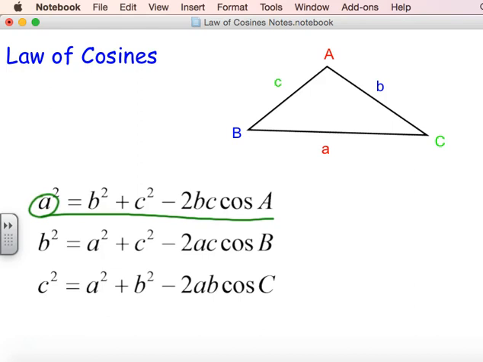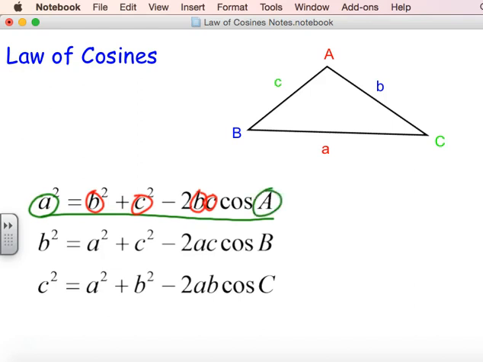So notice that this side right here, B and C, we use those again right here. Okay, so whatever two sides you use as B squared and C squared, you're going to use those same two sides times the 2. And then we have 2BC times the cosine of angle A.